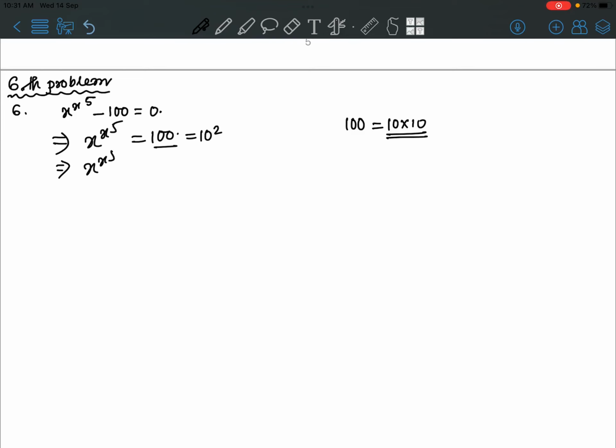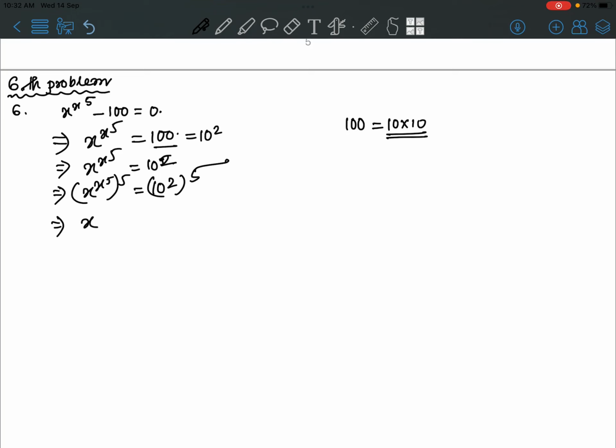Now what are we going to do? We are going to raise both sides to the power 5. Now x to the power 5 whole to the power 5 equals 10 square whole to the power 5.